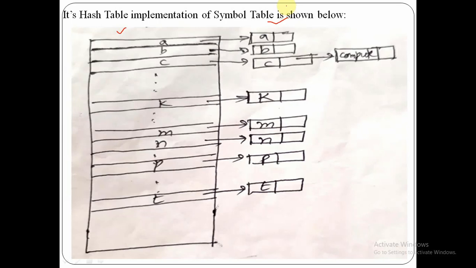The symbol table is a linked list of nodes, suppose. The hash table is used as an index, an array of index values. Here the first pointer is a, second one is b, third c, d, and so on. So alphabetically pointers or indexes are maintained, and accordingly the entries will be stored.